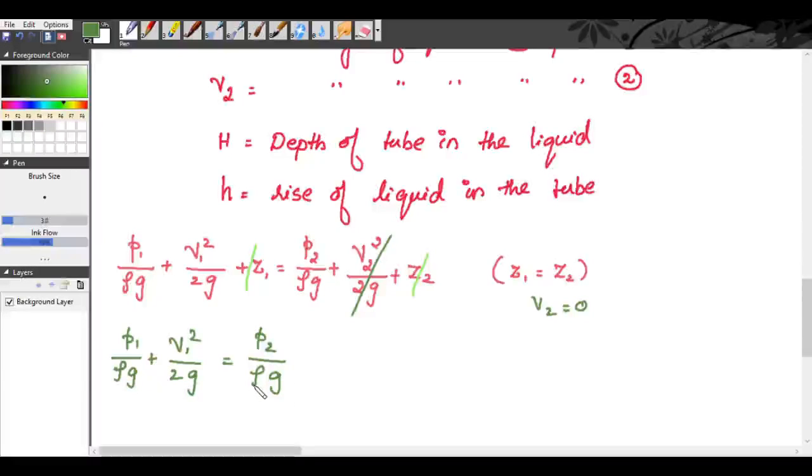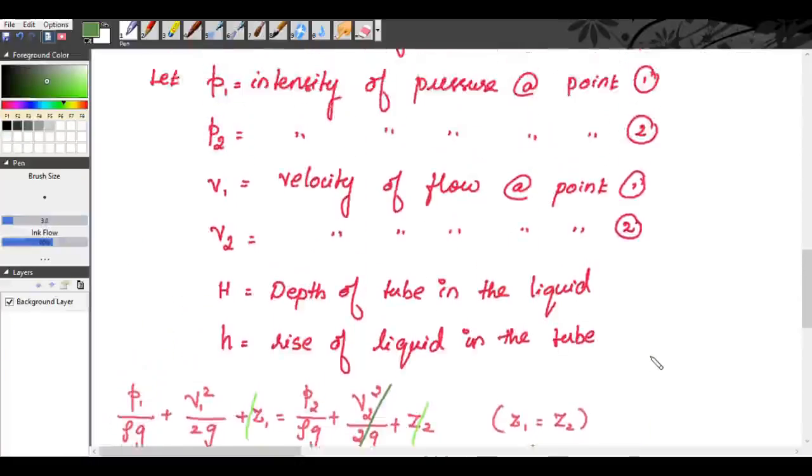P1 by rho g is the pressure head at section 1, V1 square by 2g is the velocity head at section 1, and P2 by rho g is the pressure head at section 2. The pressure head at section 1, P1 by rho g, will be equal to H. And P2 by rho g, the pressure head at section 2, will be equal to H plus h.